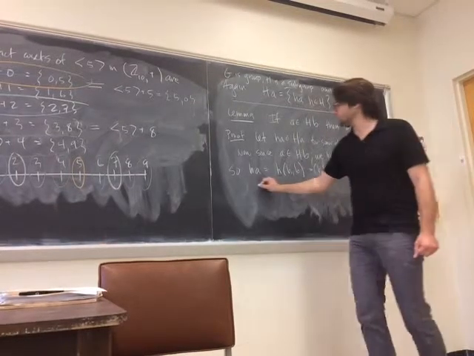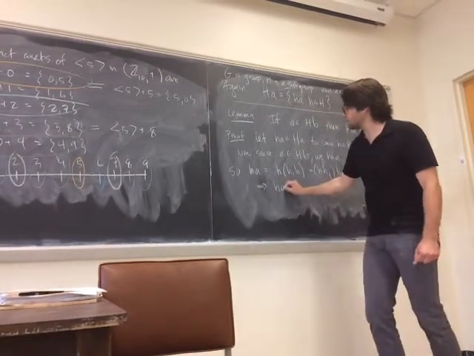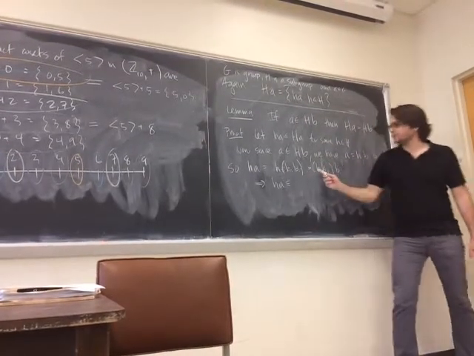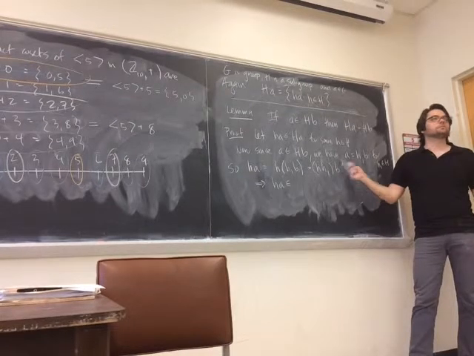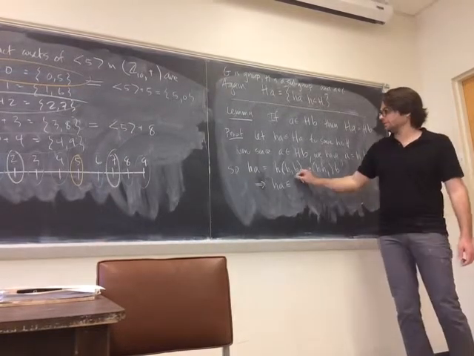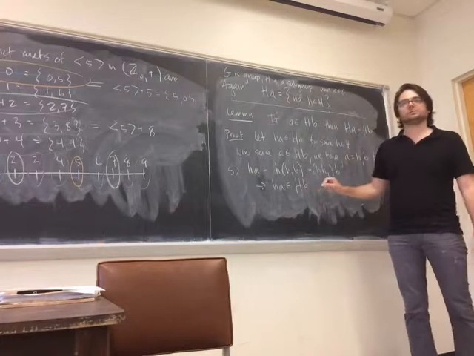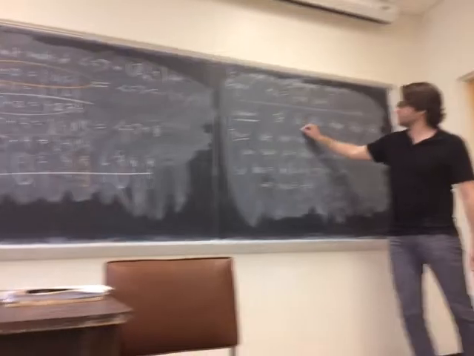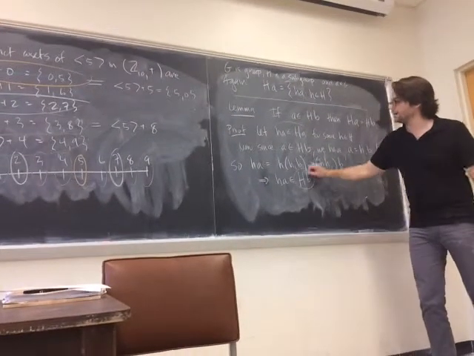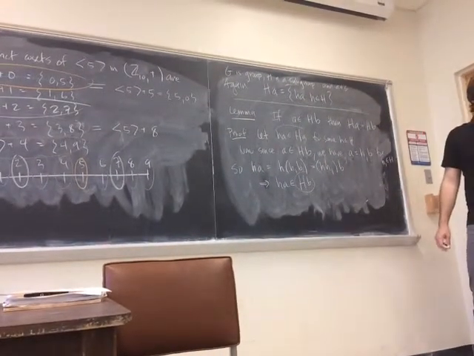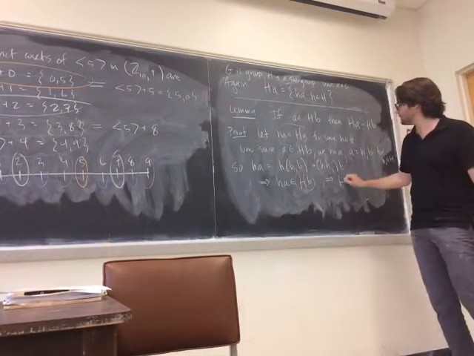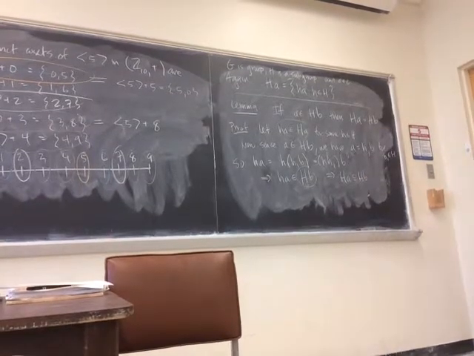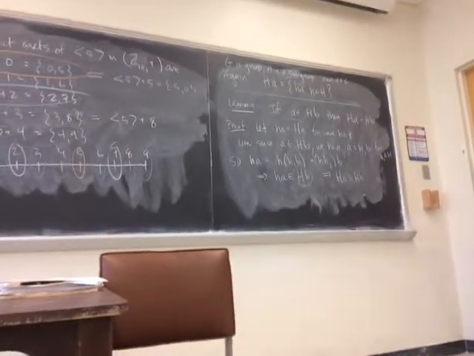So that implies that ha can be written as something in H times b. So where does this live? The coset HB. You guys with me? So we took something in HA and we showed that it's in HB. So what does this imply? That this set HA is contained in HB.